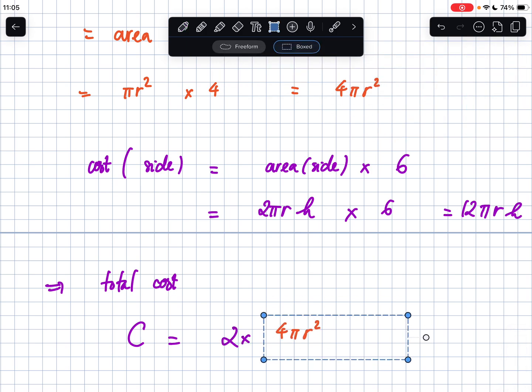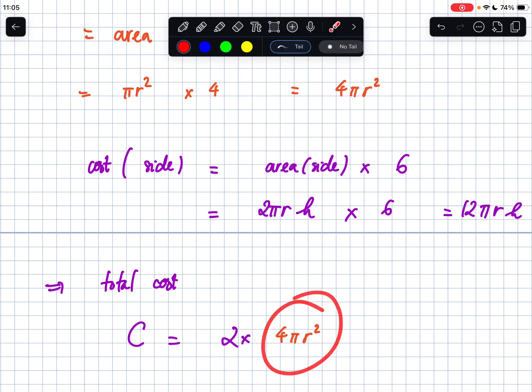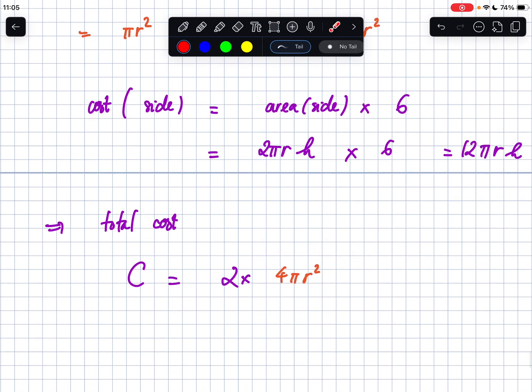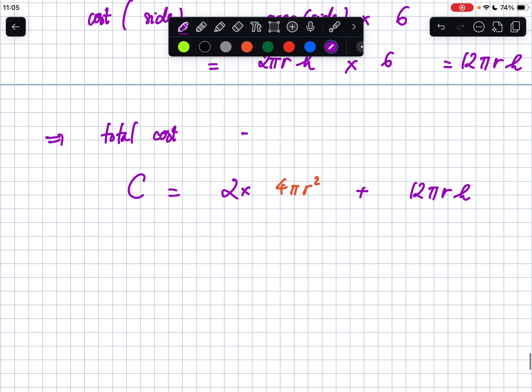So top and bottom each cost this much, so we take twice that much, plus the side.